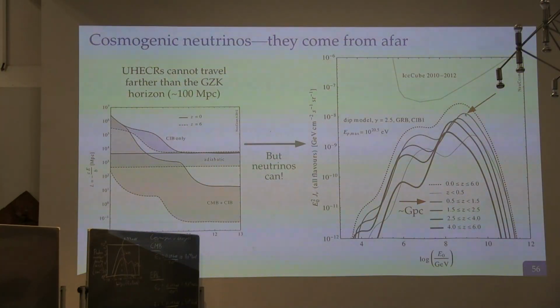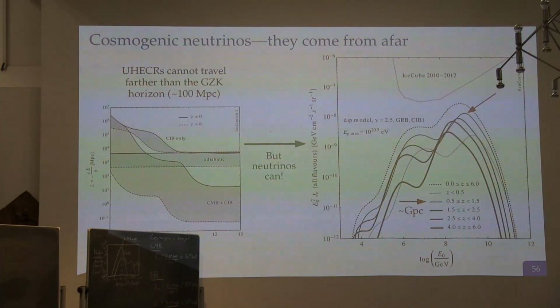So this is this little contribution over here. But even when you go further out to a redshift of between 2.5 and 4, where for cosmic rays we would not see those generated, we do get a sizable contribution from those cosmogenic neutrinos, which is this line over here. So in the case of neutrinos, it does matter what the sources are injecting past the GZK cutoff in terms of cosmic rays, and it does matter for our transport equation that we go to sufficiently high redshifts.